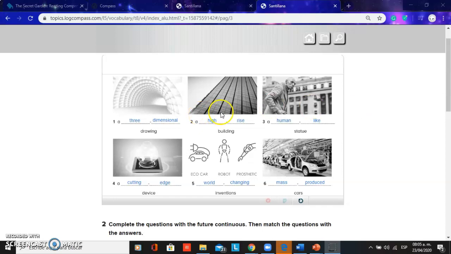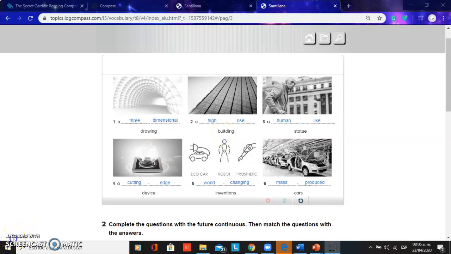Okay, in the first one, as you can notice here, you are talking about a drawing, okay? So the correct word is three-dimensional, okay? That's the correct compound adjective. For number 2, we are talking about a building, okay?